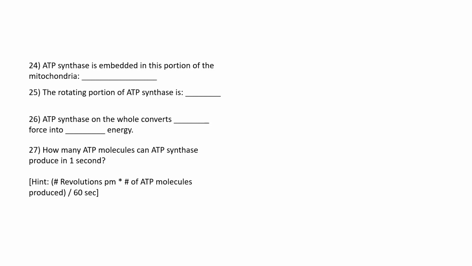How many times that F0 ring is revolving will give you how many times, and then you multiply that with the number of ATP molecules that are typically produced with each revolution. And then you can divide it by 60 seconds. Do you guys remember how many revolutions per minute this F0 undergoes when you're passing, say, 3-4 ions in one go?